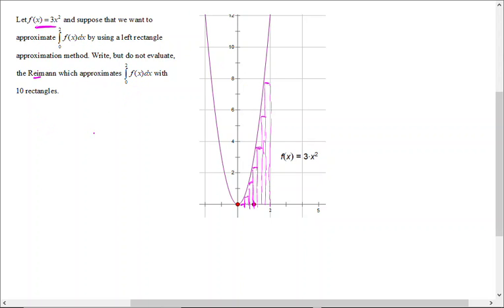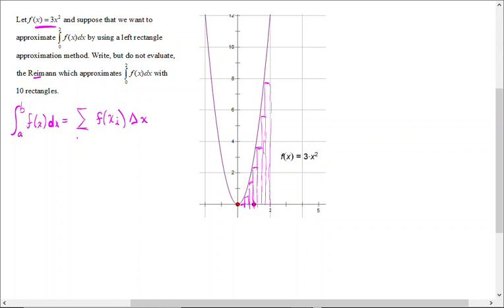So what we need to do is just get some kind of process down, and we have to memorize a couple of formulas. Okay, so we need to know that the integral from a to b of f of x dx is the same thing as the Riemann sum, so it's a summation of f of x sub I times delta x.